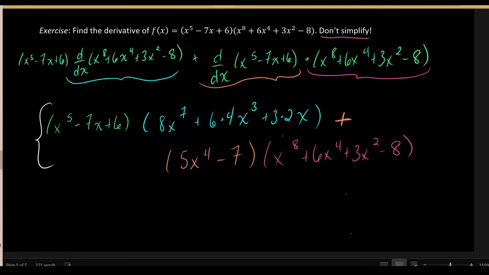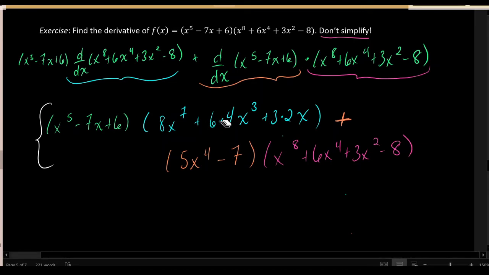The only thing I might do to clean up this expression, just for the sake of my sanity, is that it bothers me to have 6 times 4 here, so I'm going to rewrite this as 24. And it bothers me to have 3 times 2 here. That's an easy one to get. That's 6.